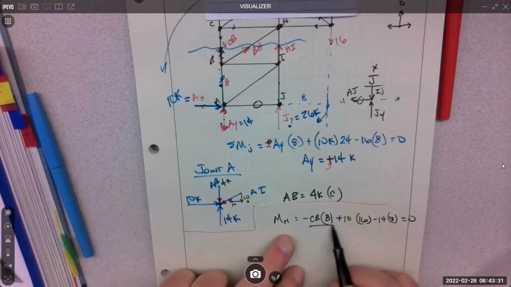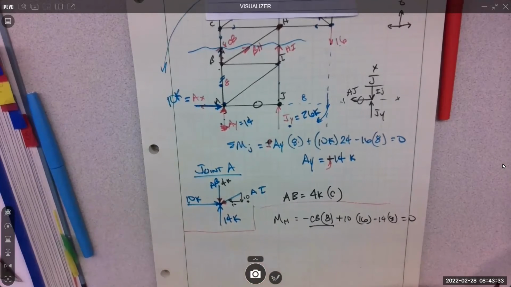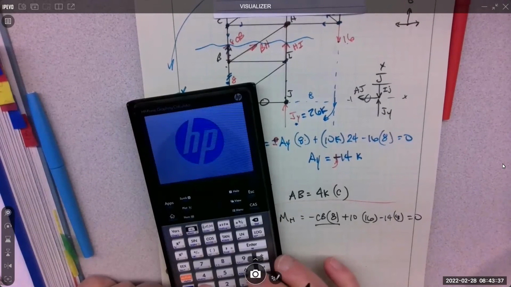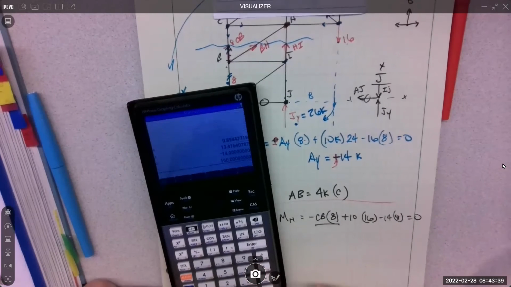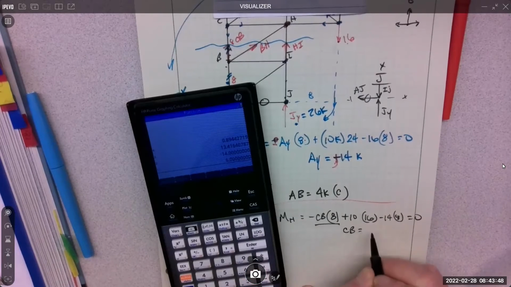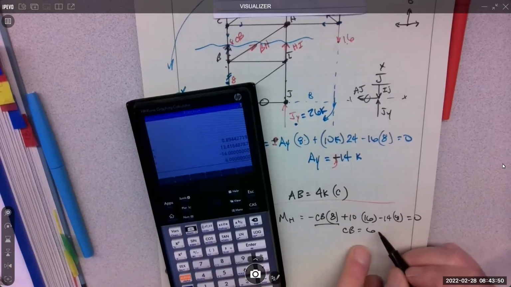So I'm going to take this statement and move it to the other side. That makes it positive. So I've got 10 times 16, that's 160. I get 6. I get a positive 6.